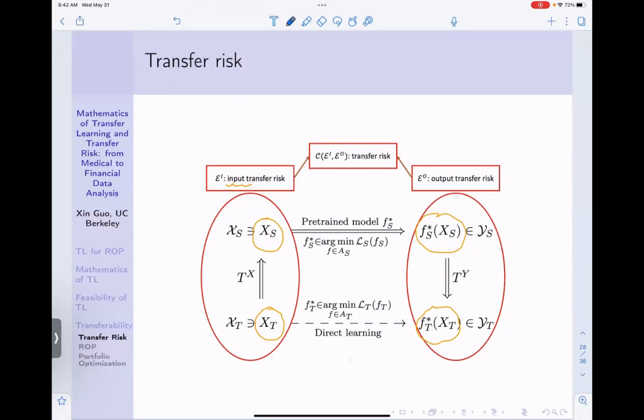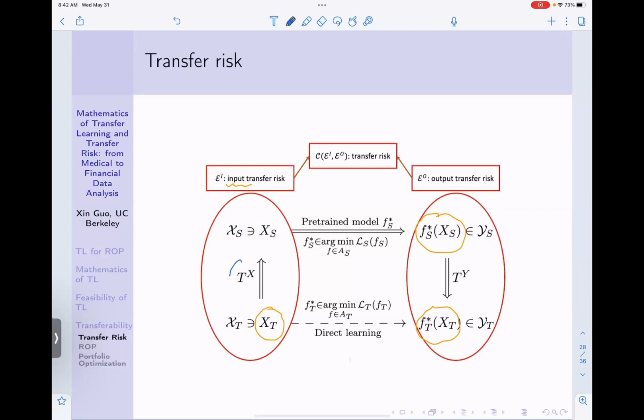So there's another comparison of this. In the entire transfer learning, what you really are balancing is these two procedures, TX and TY.